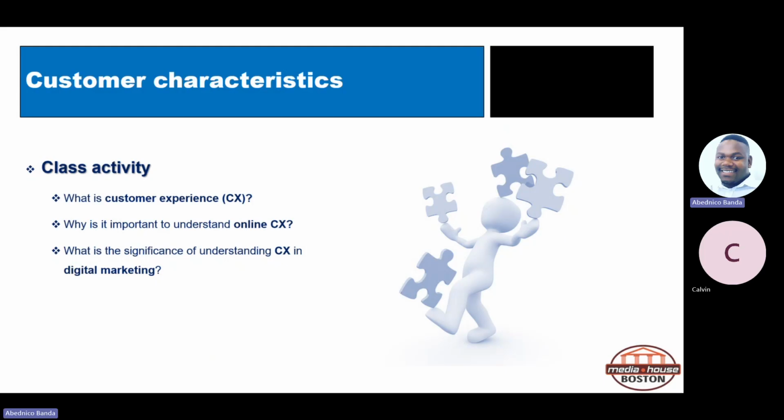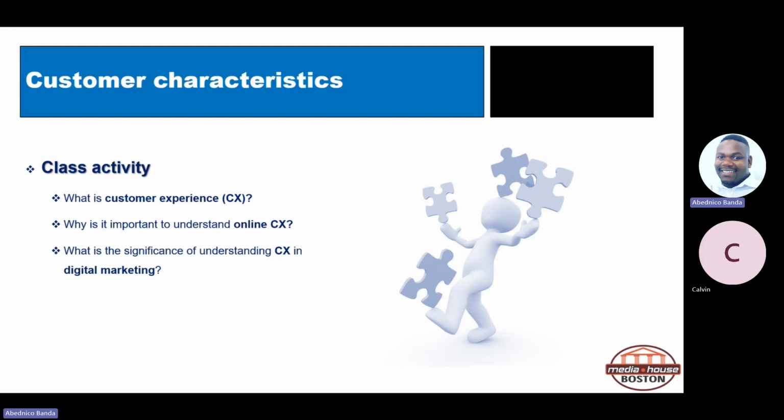In reality, we do have experiences. We've got experience with our family members. We've got experience with our colleagues at the workplace. We have got experience with fellow congregants at church and so forth. We also do have experience with brands, but people must understand that there's a difference between experience and perception.